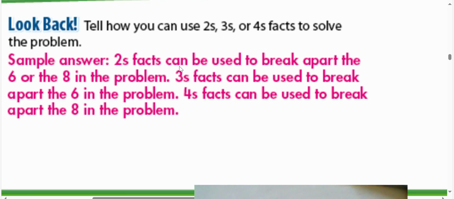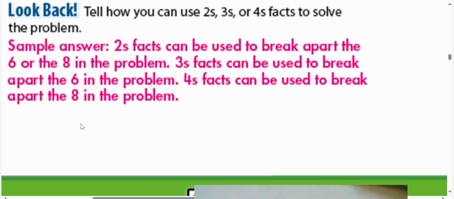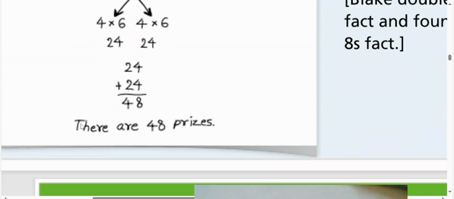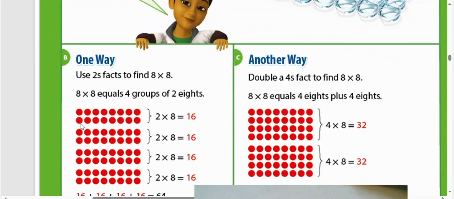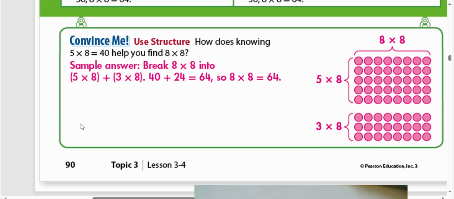These factors can be used to break apart 6 or 8 in the problem. 3 factors can be used to break apart 6 in the problem. 4th factors can be used to break apart 8 in the problem. Okay, and using part like this strategy or dividing the numbers like this.